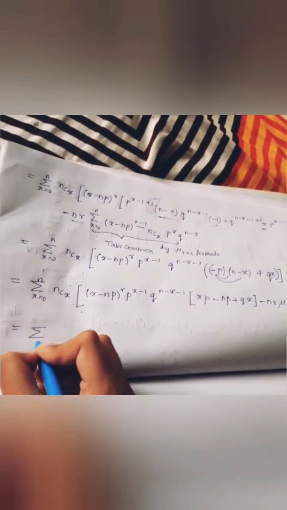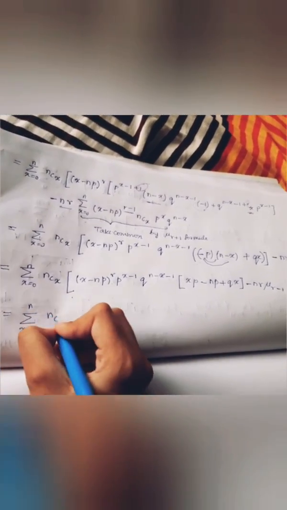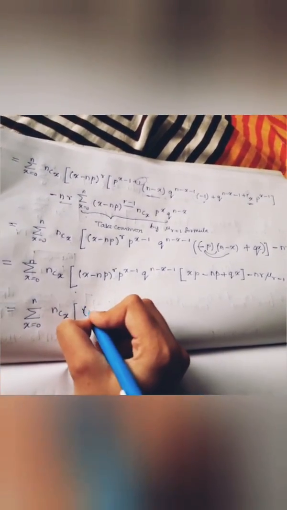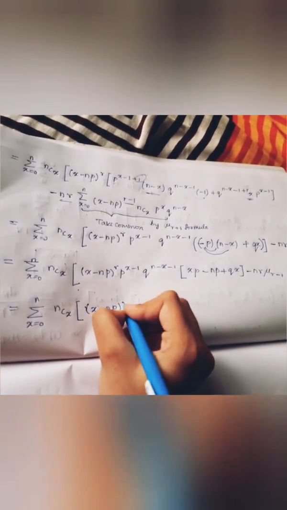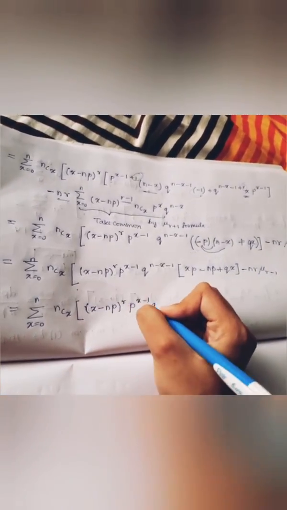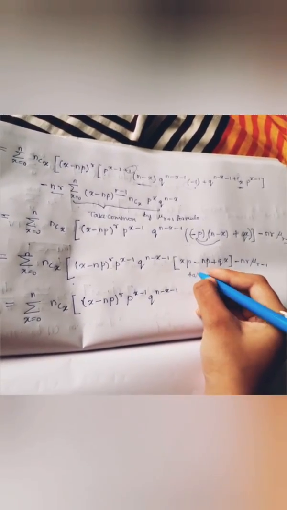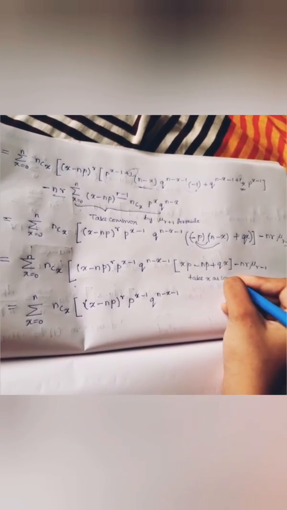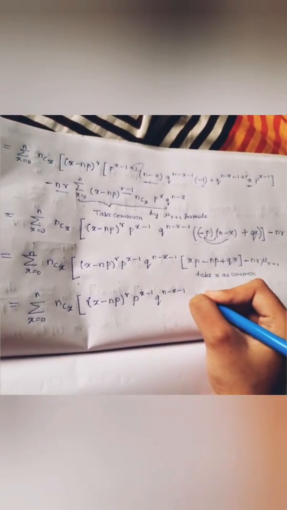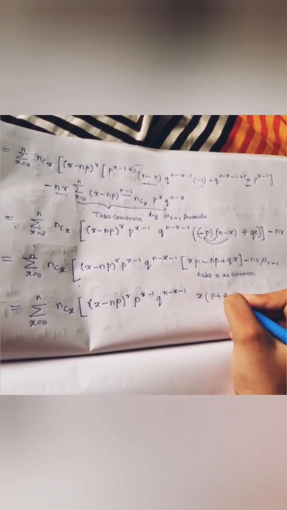The next step we are writing as it is, and taking x as common, so that it becomes x into p plus q, then minus np, then minus n r mu r minus 1. P plus q is nothing but 1.